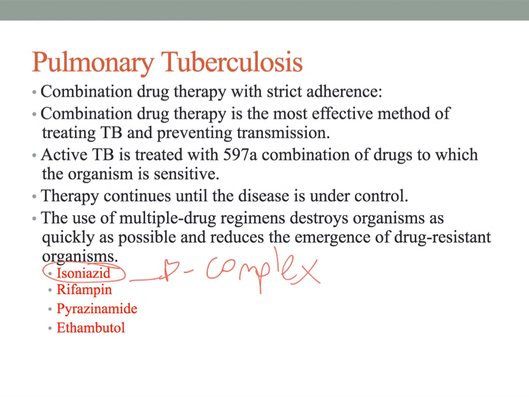This med can cause a peripheral neuropathy, which means like just pain and numbness in their extremities, and with large doses. So vitamin B complex vitamins can help prevent that.